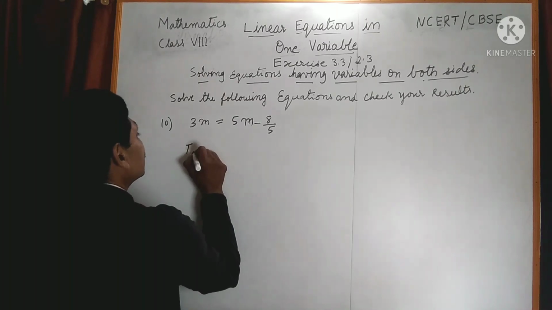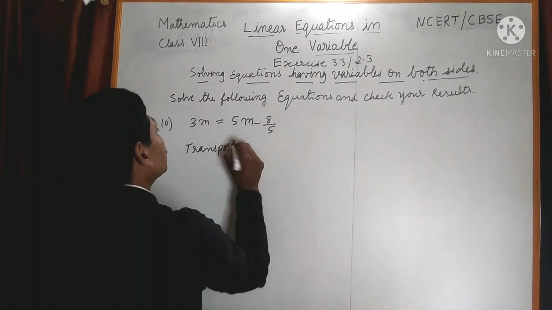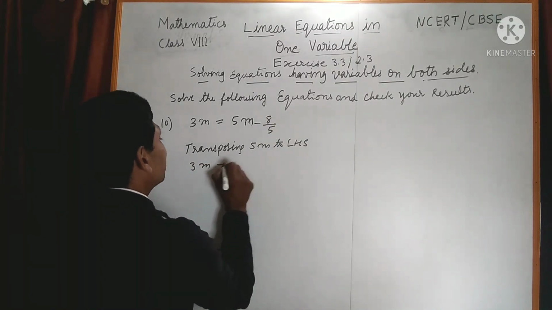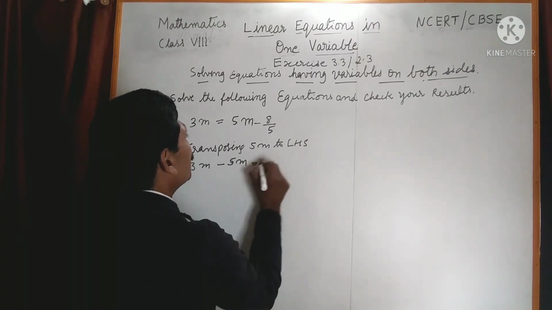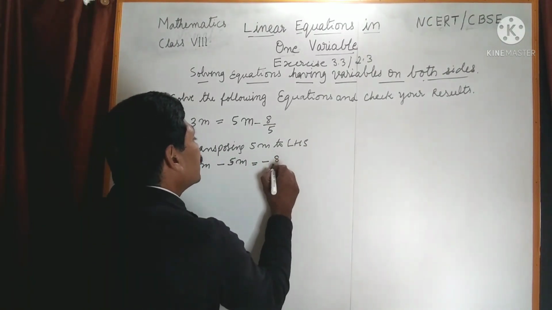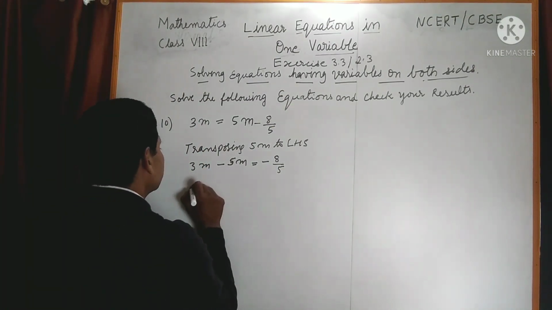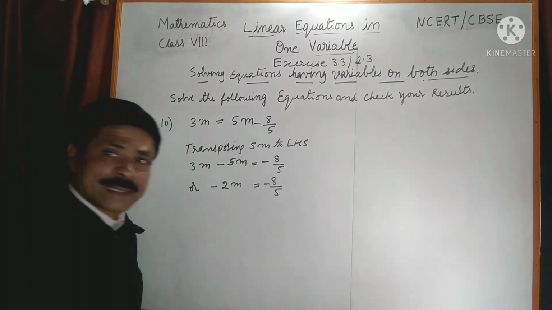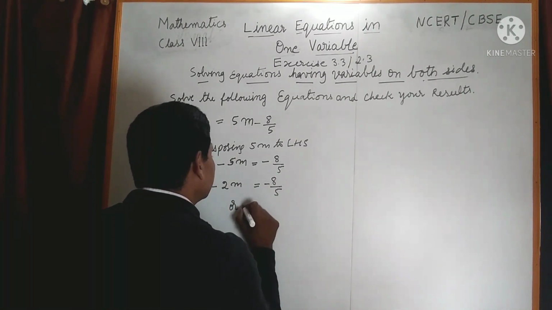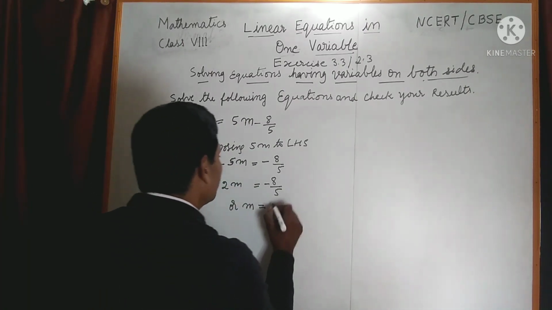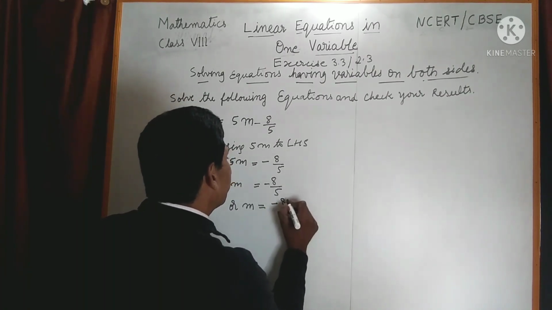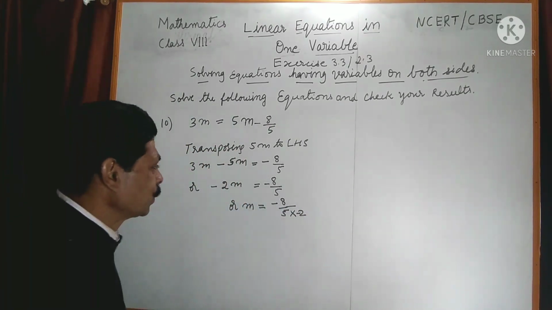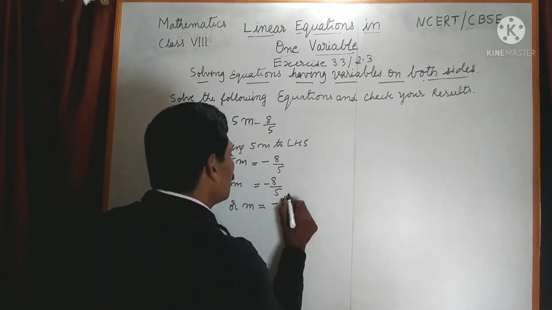Let us transpose 5m to left hand side. 3m minus 5m is equal to minus 8 by 5, or minus 2m is equal to minus 8 by 5, or m is equal to minus 8 by 5 into minus 2 here in denominator. 2 ones are 2, 4 by 8.